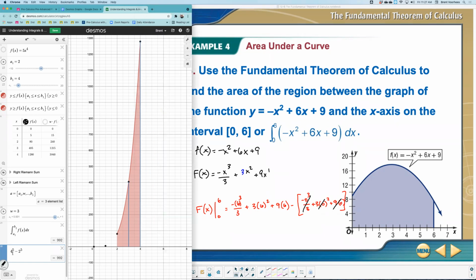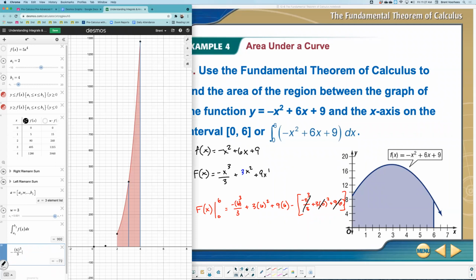Let's see what we get first, just by typing in what we think that algebra should look like, and we'll test our work. Negative 6 cubed divided by 3 plus 3 times 6 squared plus 9 times 6. This is giving me 90.